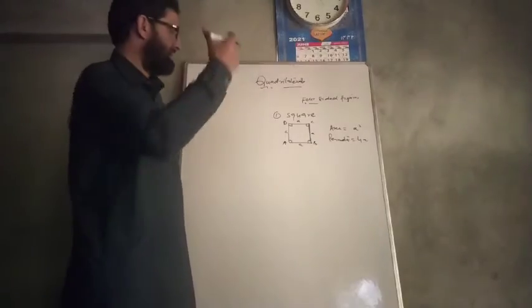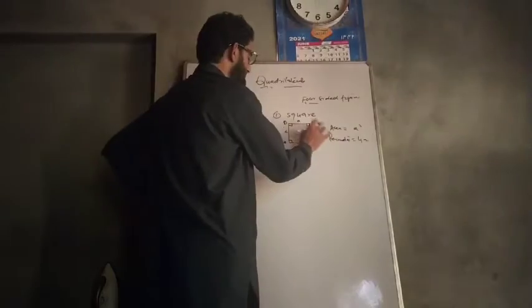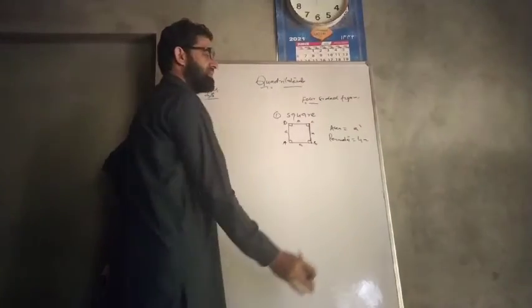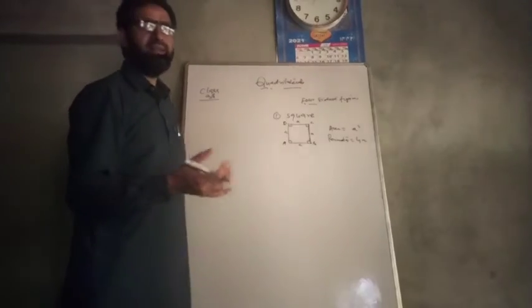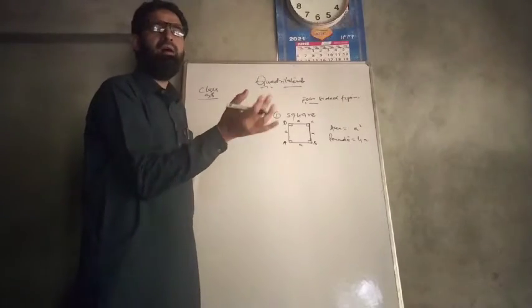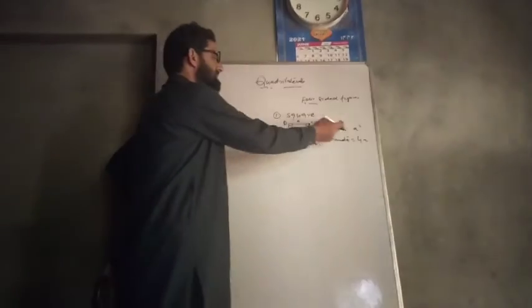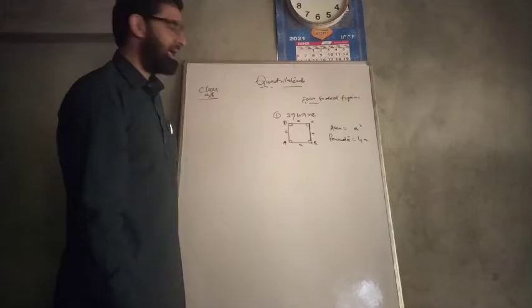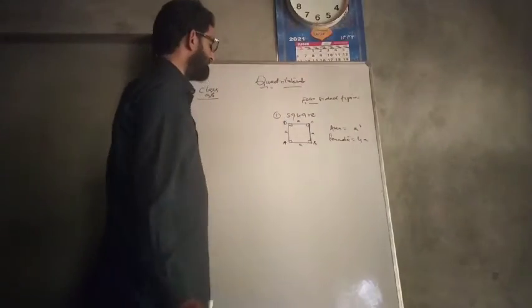Perimeter of the square is A plus A plus A plus A, that is obviously 4A. So square is a quadrilateral in which all sides are equal and all angles are 90 degree. The area of the square is A square, that is side square, and the perimeter is the sum of all sides, that's 4A.